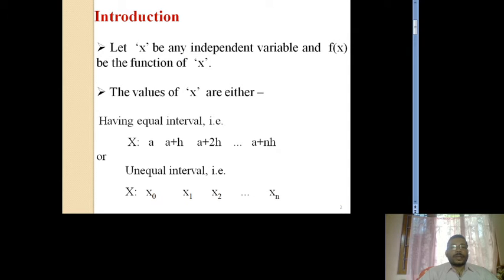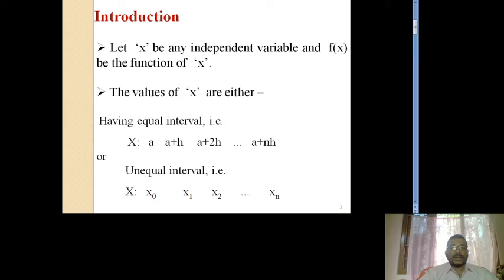The independent variable may have the values either in equal width or in unequal width of interval. So, if we consider x takes the values a plus h, a plus twice h, a plus n h, it is considered that the random variable x takes the values of equal width.